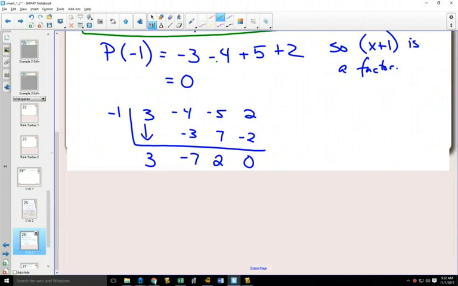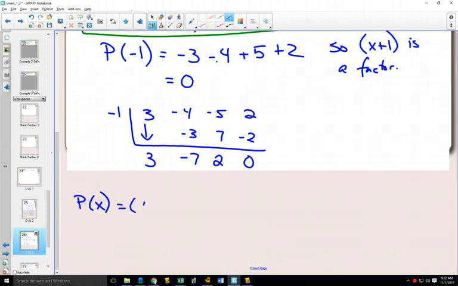So once we find one factor, we can use synthetic division, and the reason we use synthetic division is so that we can write our division statement. Since I've defined p of x as my original function, I could write the 3x cubed minus 4x squared minus 5x plus 2, but it sure is a lot quicker to write p of x equals.